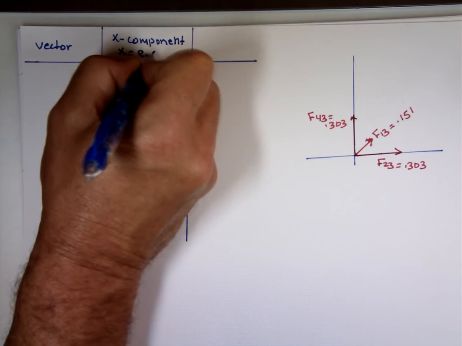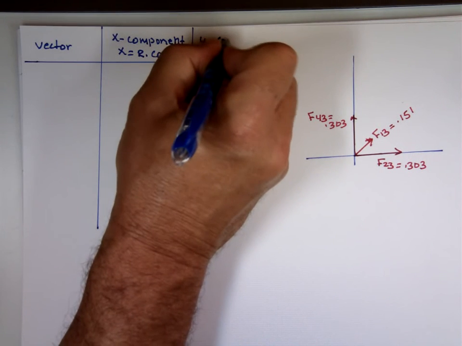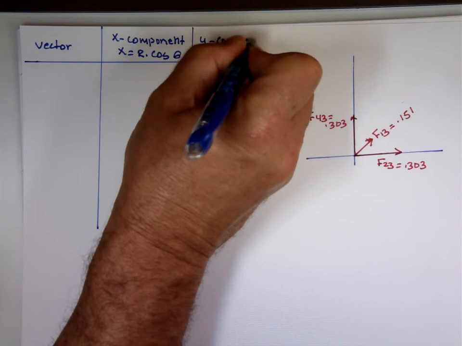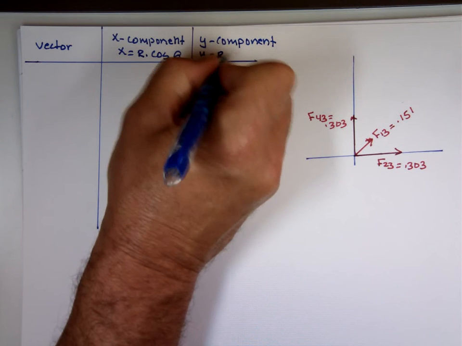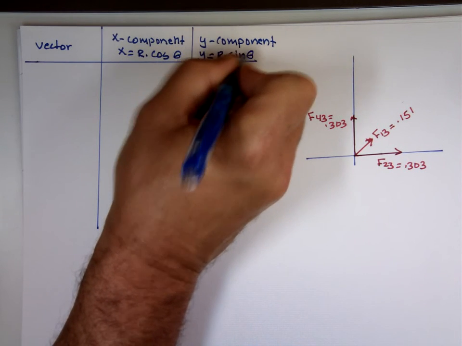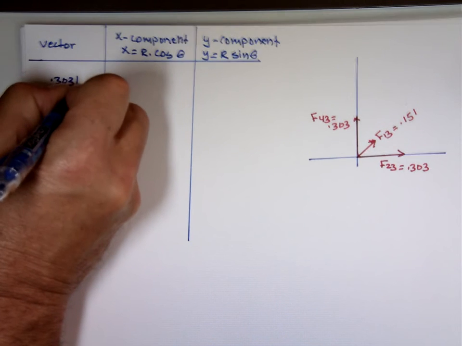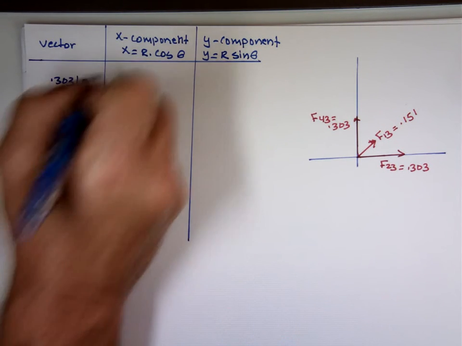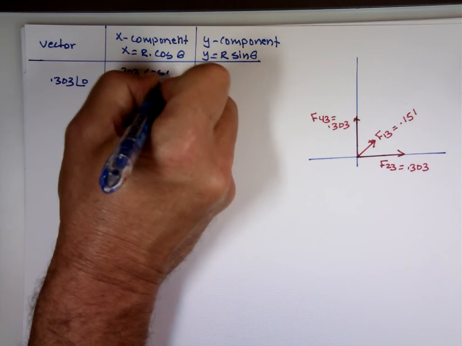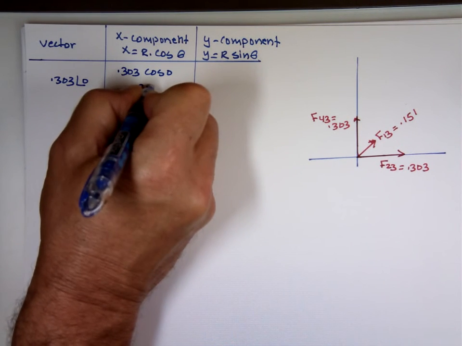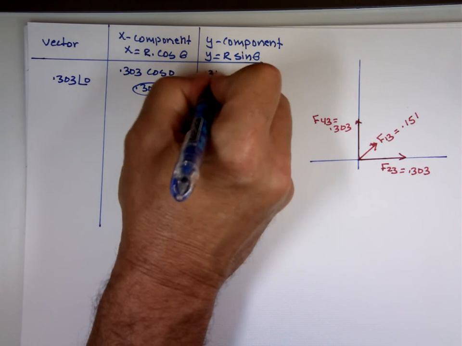The y component, again, make sure you calculate in degree mode. The first vector is 0.303 angle 0. That's 0.303 cosine 0, which is 0.303. The y value, 0.303 sine of 0, which is 0.